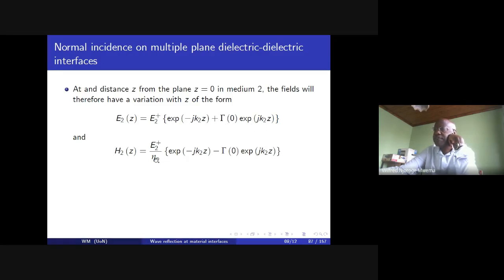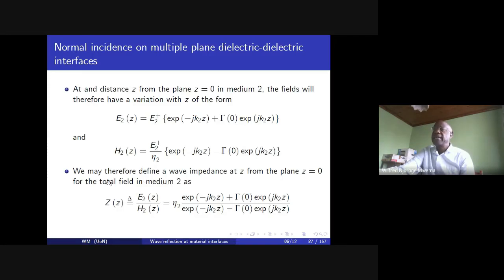And the magnetic field is also given the same way, just like before. In this case, we are assuming medium 1 is no longer important to us. We are just looking at a point in medium 2, at the medium 2 and medium 3 interface, which is a single interface. And these are the same expressions as we had for the single dielectric interface, only replacing the field amplitudes by a different quantity here.